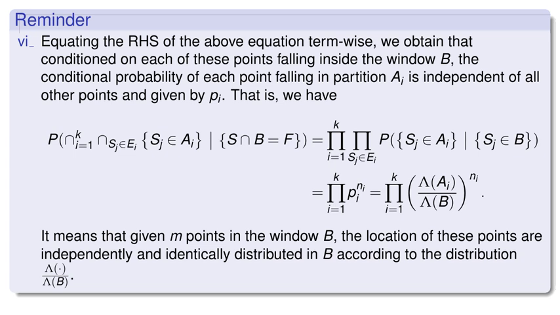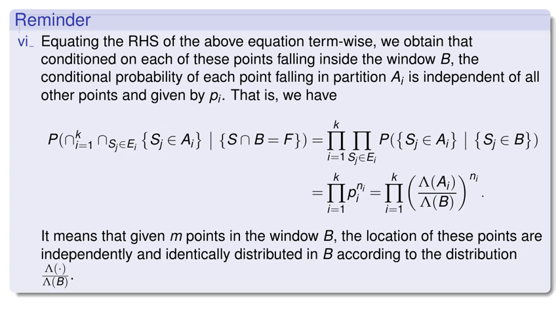Continuing the reminder, sixth, if we equate the right hand side of the above equation from the previous slide, which expresses the multinomial probability term wise, with the sum we just wrote, we deduce an important property.